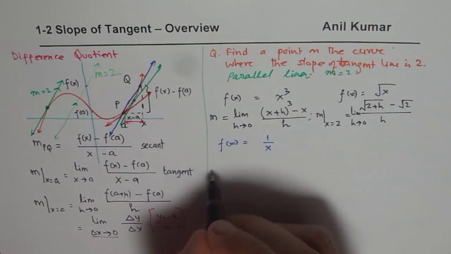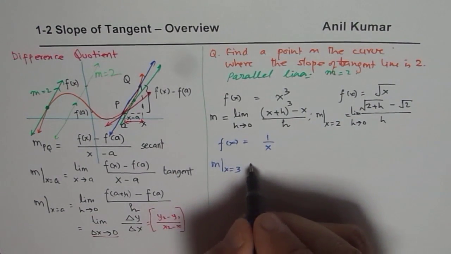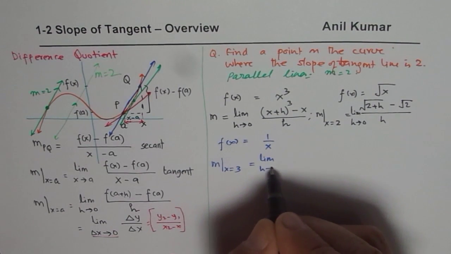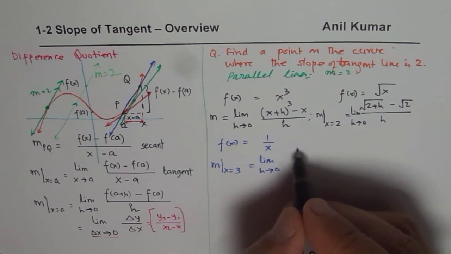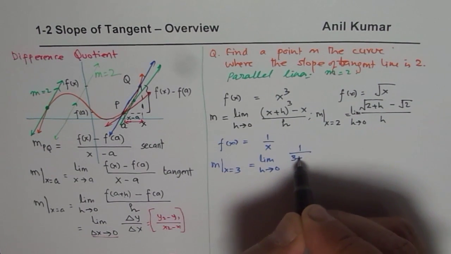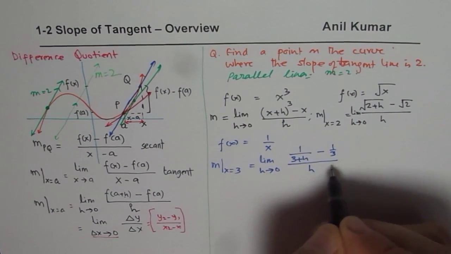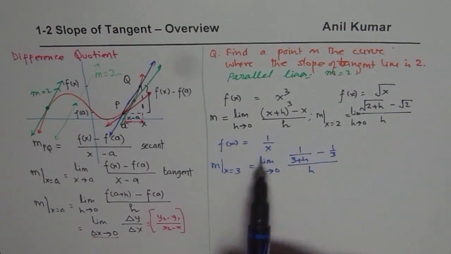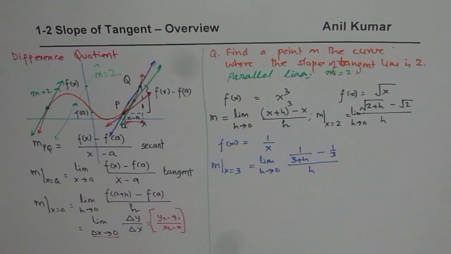If you want the slope at x equals 3, then the equation will be limit h approaches 0, replacing x with 3 plus h, so you get 1 over 3 plus h minus 1 over 3, over h. Solving and simplifying this, you can find the slope at x equals 3, right? So likewise, you could have different functions to work with.